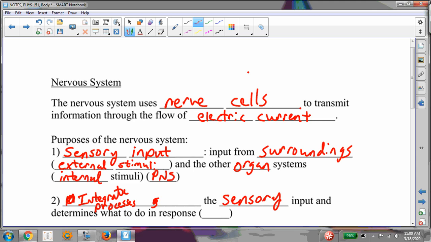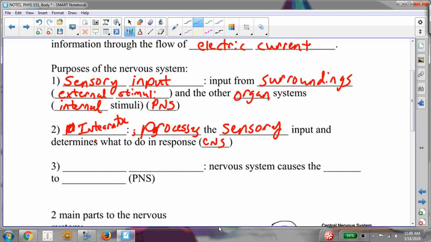I'm sorry, y'all. So I'll use this to integrate, and it processes the sensory input and determines what to do in response. And this is called the central nervous system, or the CNS. It's a purpose of the central nervous system. I'll define those soon, the PNS and the CNS.